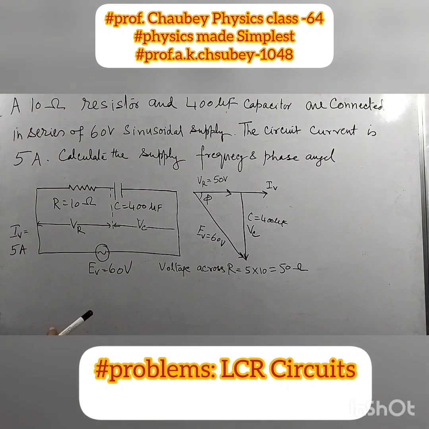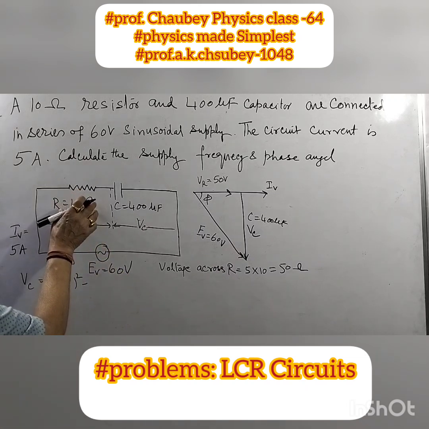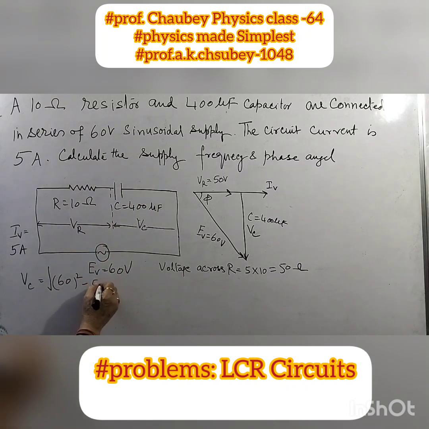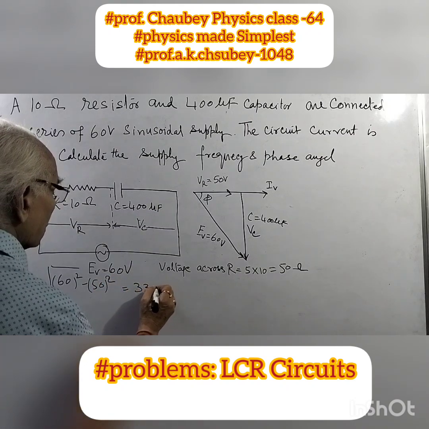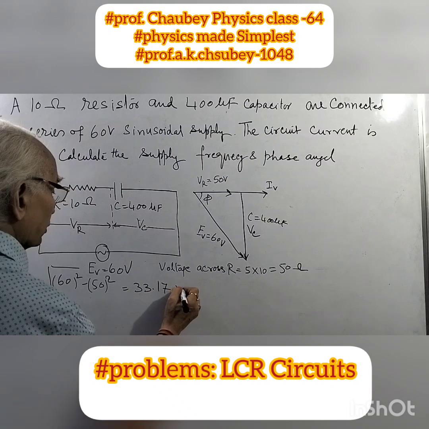What else? What is the VC? We know the VR, we know the V, so we can find out VC. VC will be under root of 60 square minus 50 square, from the voltage triangle. This under root will be 33.17 volt.